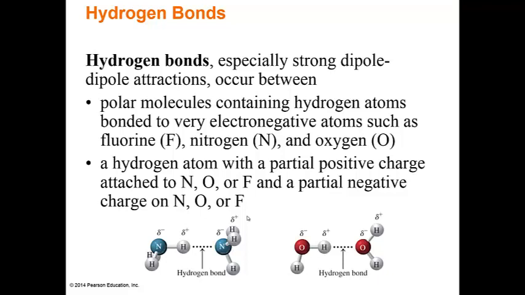All right, so a hydrogen atom with a partial positive charge is attached to either nitrogen, oxygen, or fluorine, which carries a partial negative charge. So we can see the hydrogen bond attraction between these two. And remember, positive, negative.